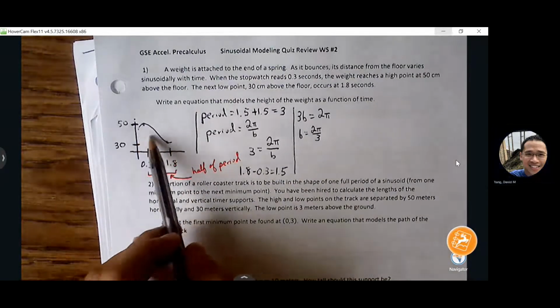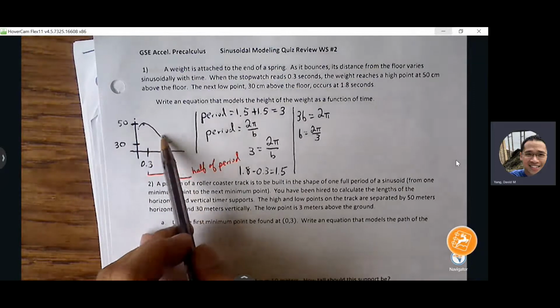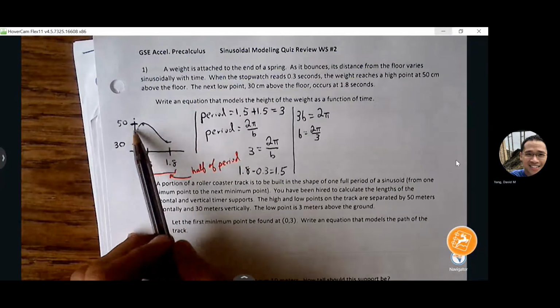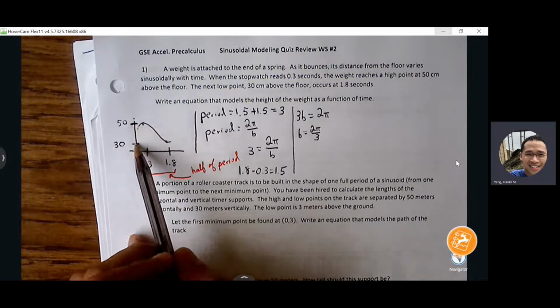I can find my D value by finding the average between my high and low.